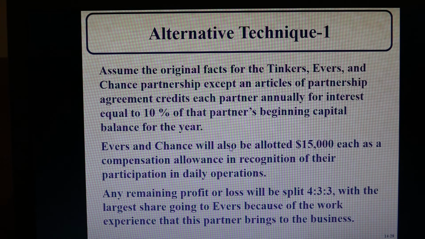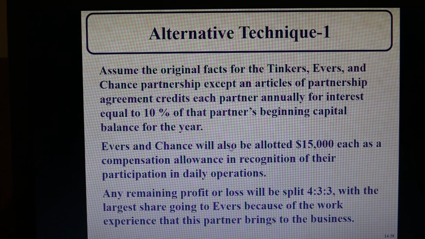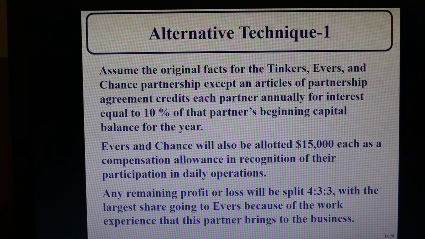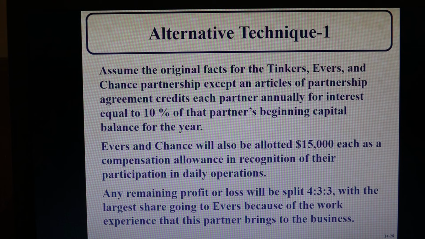Okay, so here we have an example. Hopefully it's complete. And so we have Tinker, Evers, and Chance again. Original facts, except an article of partnership agreement credits each partner annually for interest equal to 10% of that partner's beginning capital balance for the year.